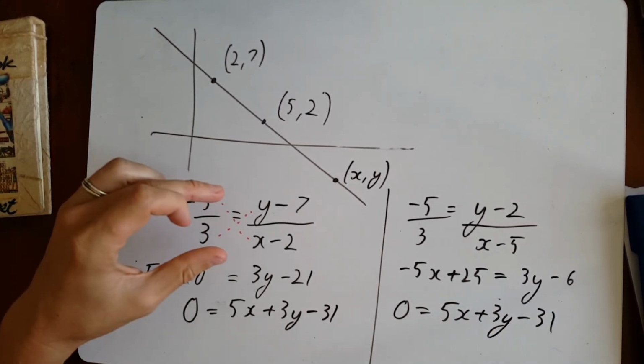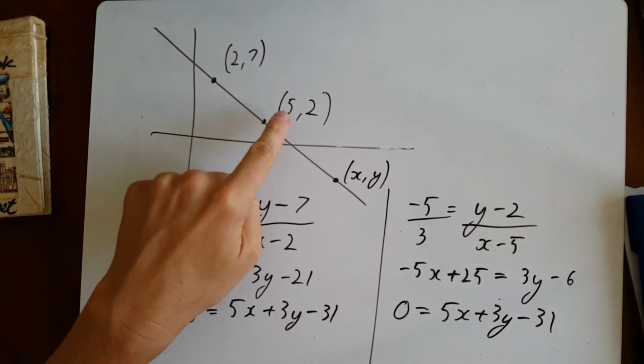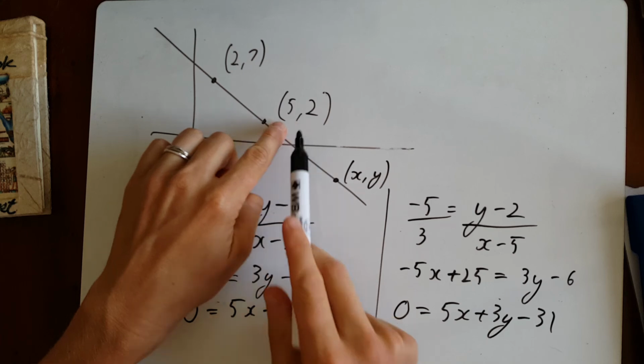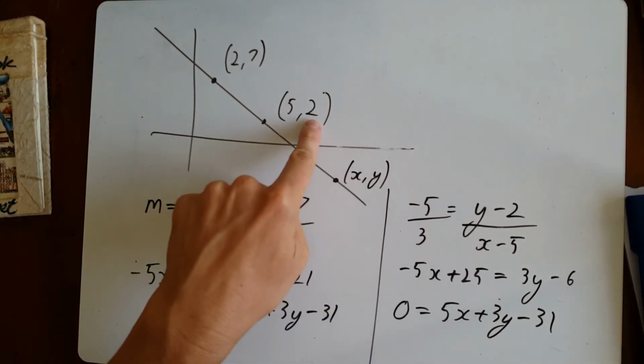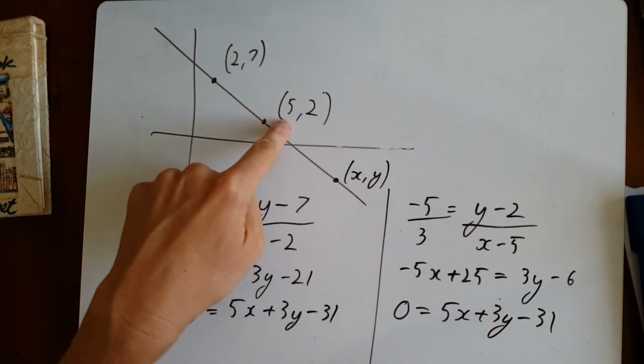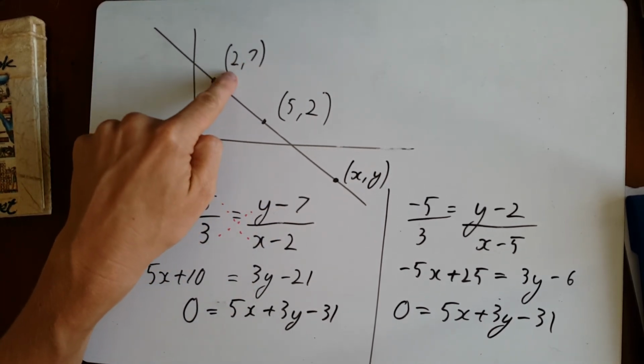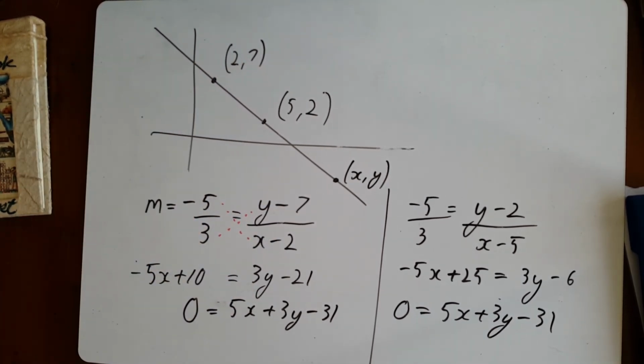It doesn't matter which point you choose as long as you make sure you use the same x and y coordinates. So when I chose this coordinate here, I had to use the 2 for my y, the 5 for my x. Over here, if I chose the 7 for my y, I had to choose that 2 for my x. Either way I get this equation.